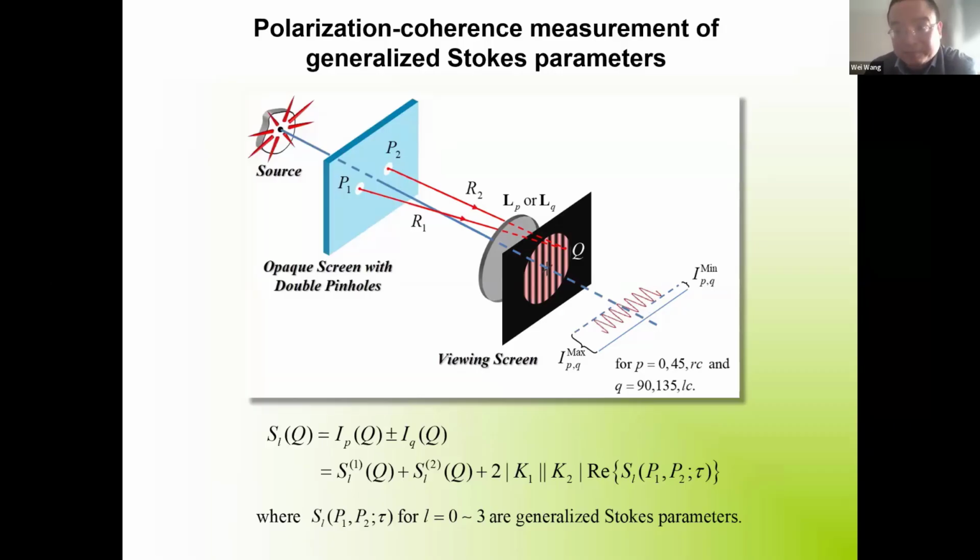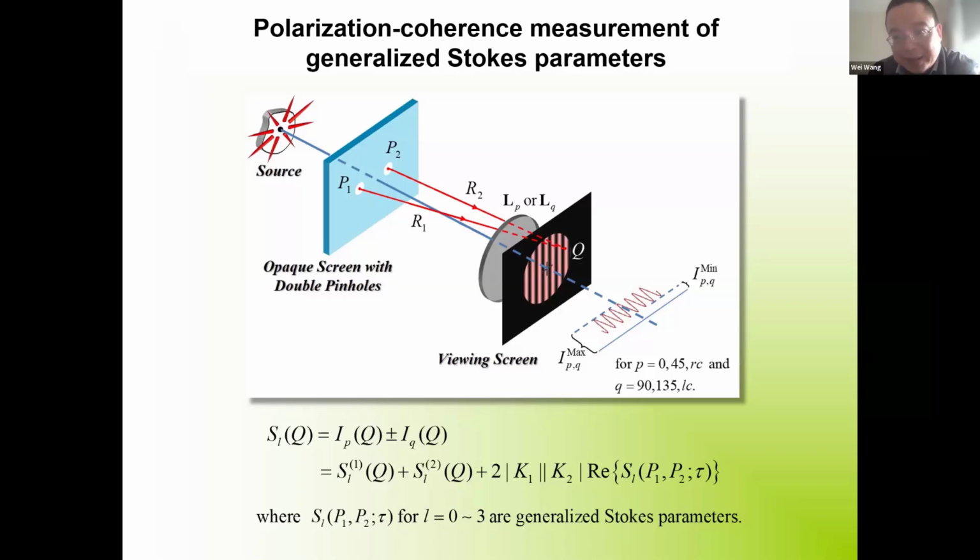And this figure shows another way for the polarization coherence measurement. Basically, it is Young's interference again, but here, instead of inserting the linear polarizer behind the pinholes, we choose a different method for the measurement.